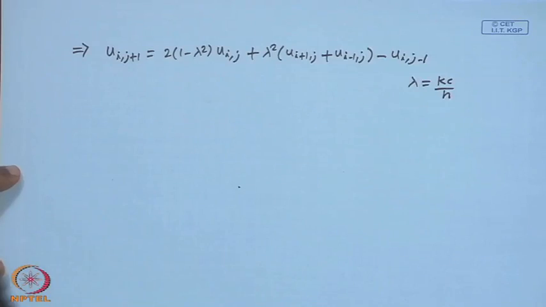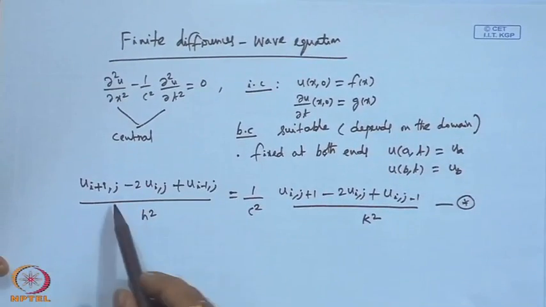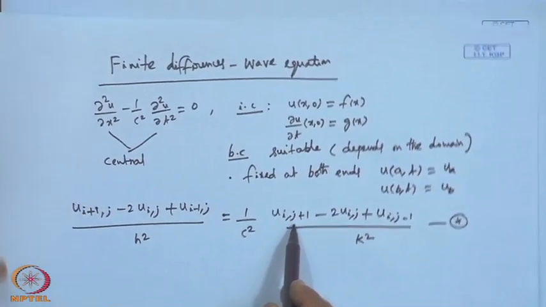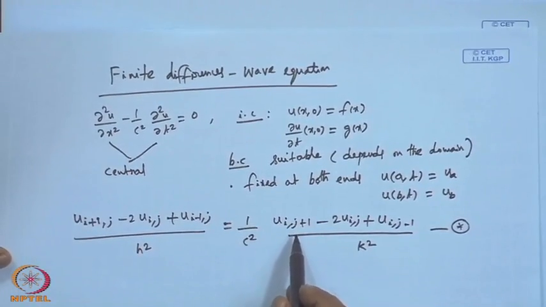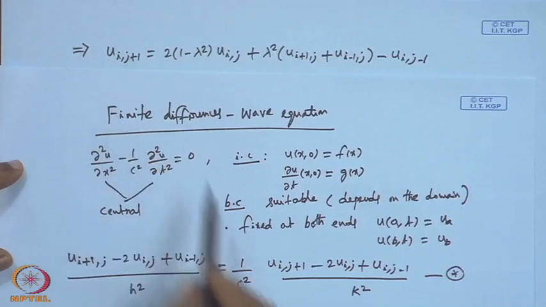What we have done is just adjust terms: we need the value at the higher time level, so we have written this on the left hand side and the remaining terms got adjusted.